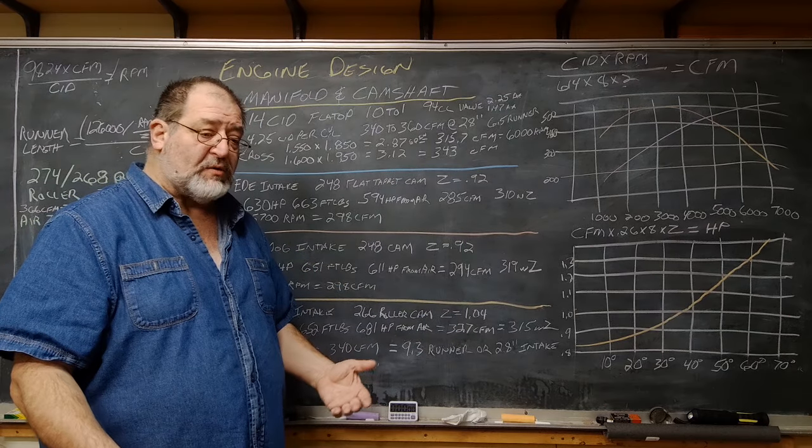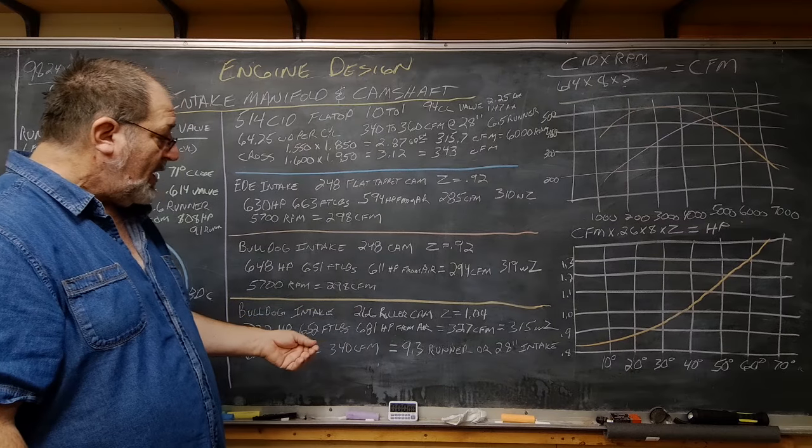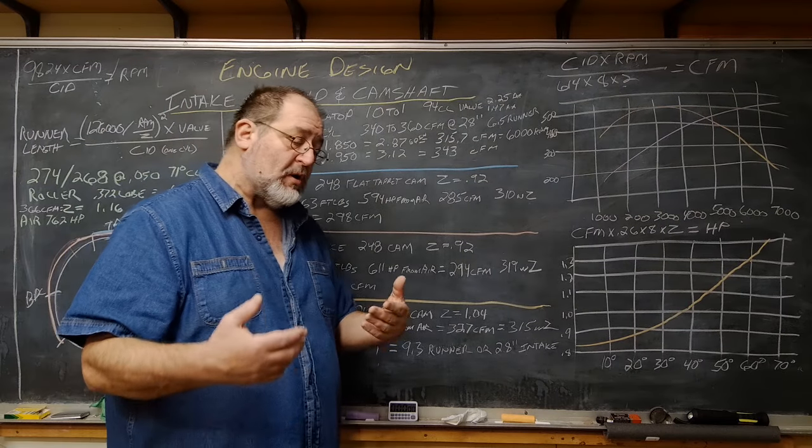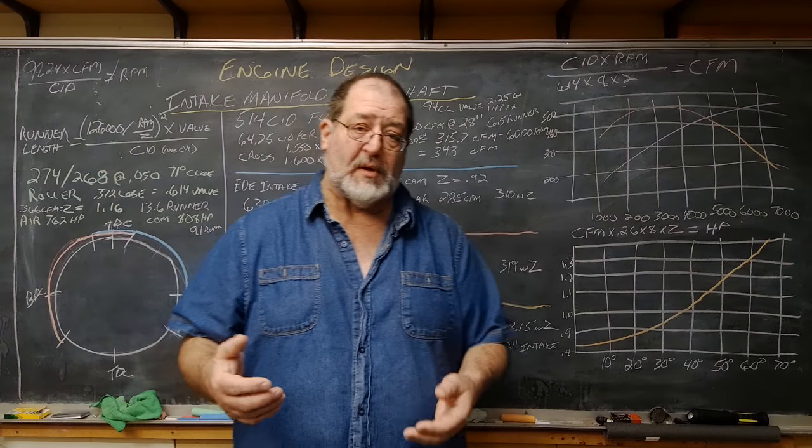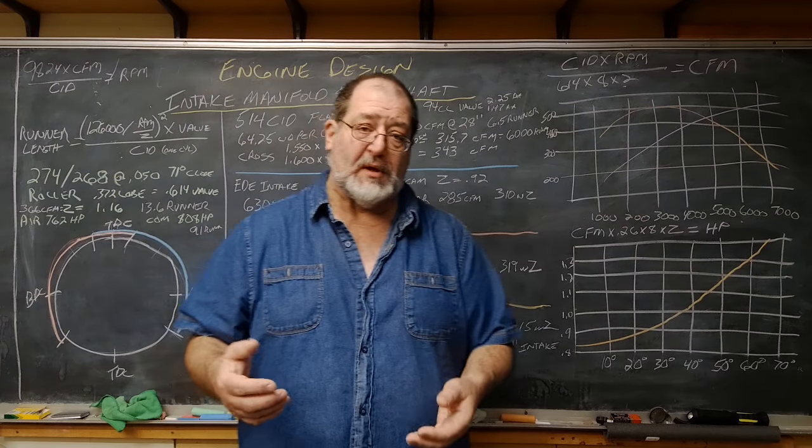So one of the things I did is I went back and figured out runner length, because remember, part of inertial ram is not just flow, but it's about runner length. And I reconfigured the formula for inertial ram to solve for runner length.